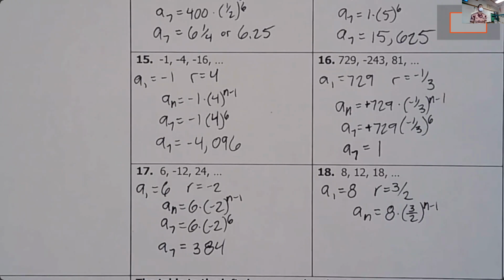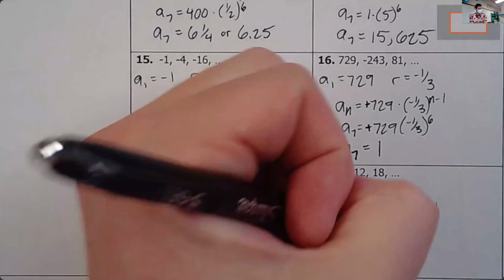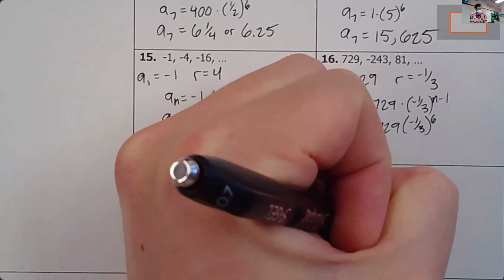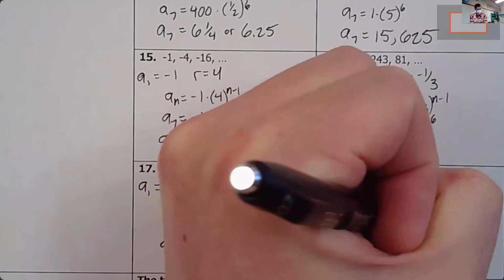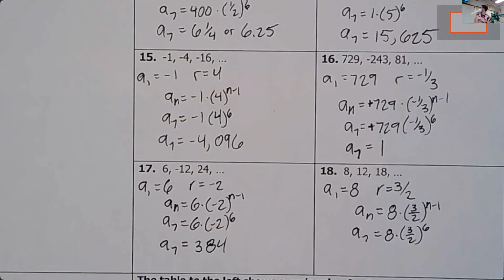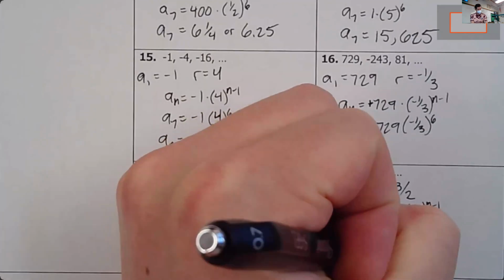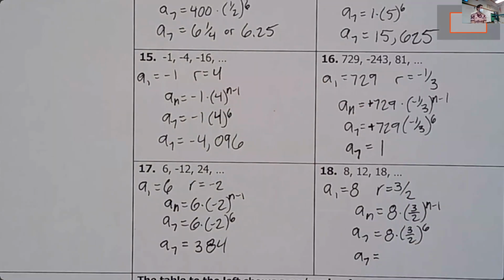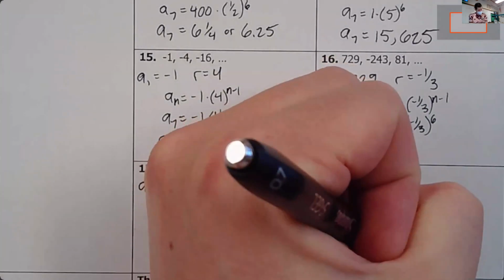What do we think? A7 would be 8 times 3/2 to the 7 minus 1, so to the 6th power. Gillian, what'd you get? 91.125, yeah. 91.125, or 91 1/8.